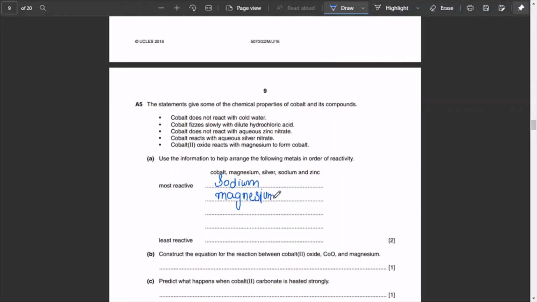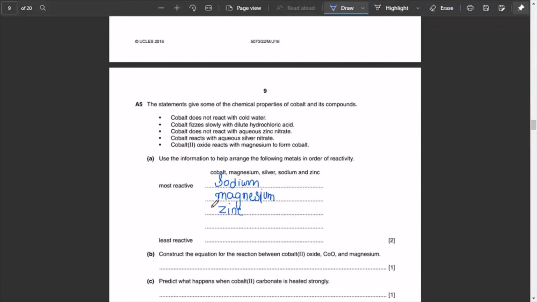Then if we see, cobalt does not react with aqueous zinc nitrate. Zinc, of course, will be above. Alright, also if we look, cobalt reacts with aqueous silver nitrate, and cobalt 2 oxide reacts with magnesium to form cobalt.